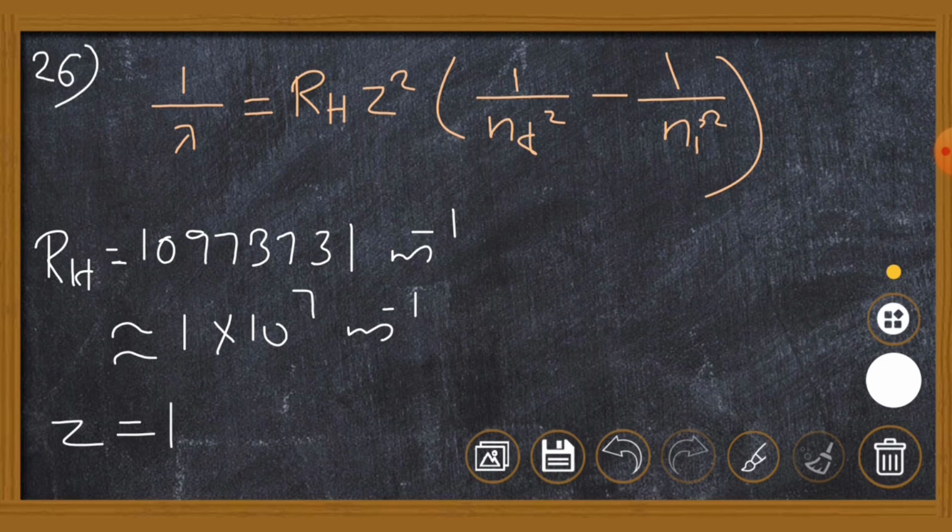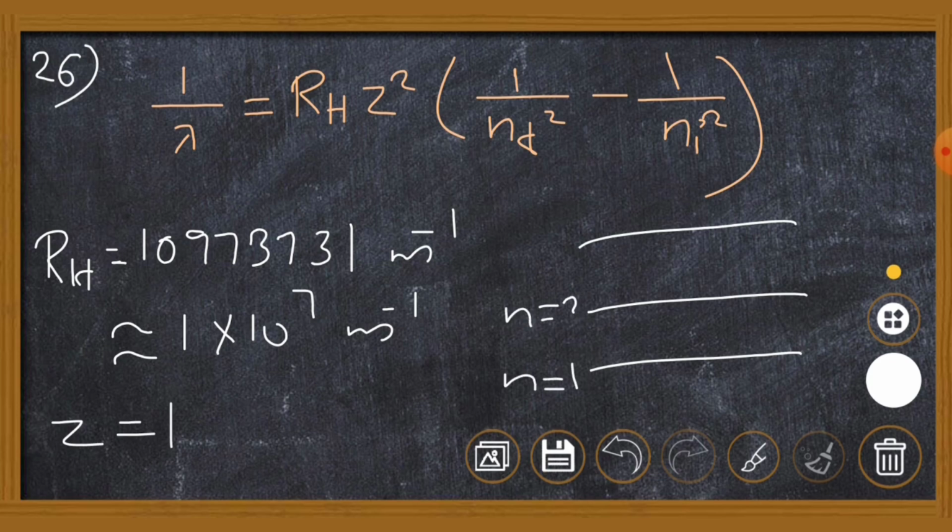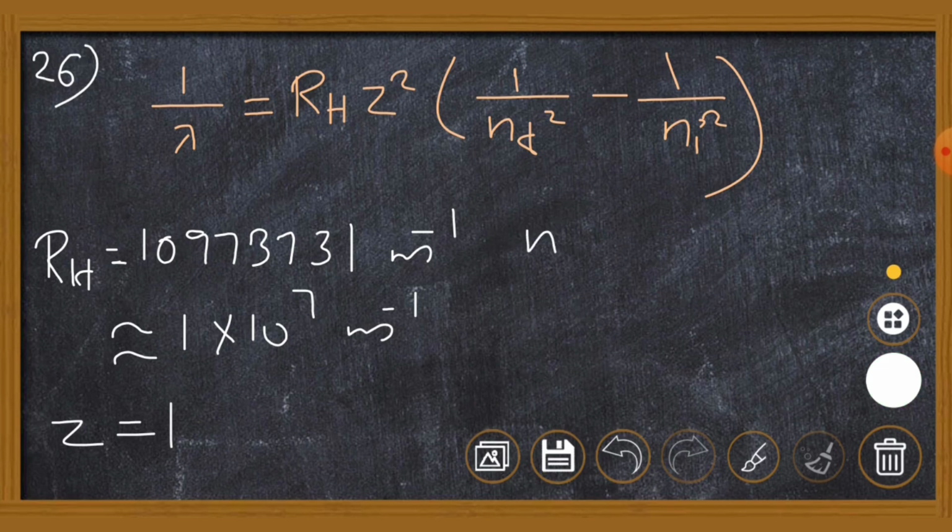To find the orbital number, we know this is n equal to 1, n equal to 2 and n equal to 3. ഇവിടെ ചോദിച്ചിട്ടുള്ളത് ഫസ്റ്റ് ലൈൻ ഓഫ് ബാർമർ സീരീസ് ആണ്. Therefore from 3 to 2. That is NF equal to 2 and Ni equal to 3.